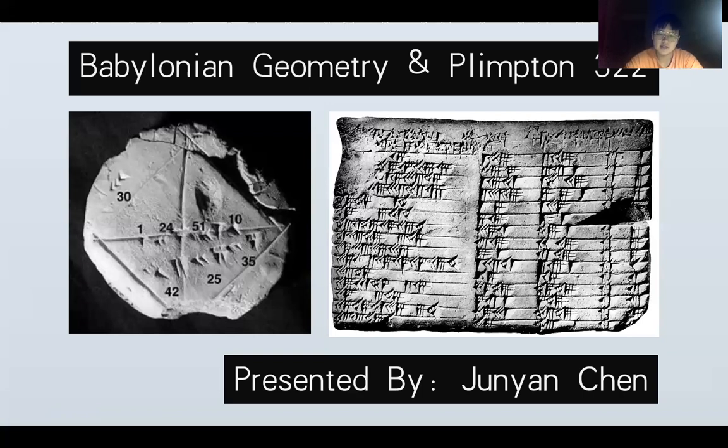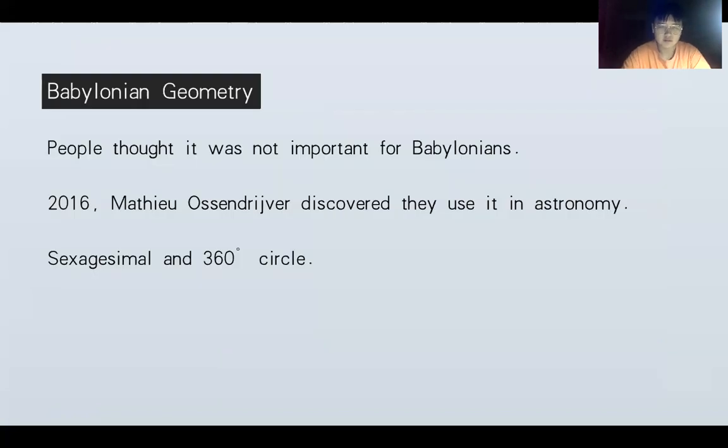And on the right is Plimpton 322, which I'm going to talk about more later in this lecture. At first, people thought that in ancient Babylon, people did not consider geometry as a thing.